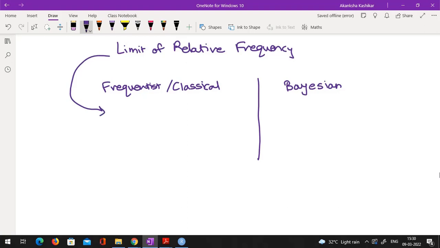Now for some people that becomes a problem. For example, if I want to ask what is the probability that I am going to drink coffee after this lecture today. When you say probability is to be computed as the limit of relative frequency, you need to repeat the event.